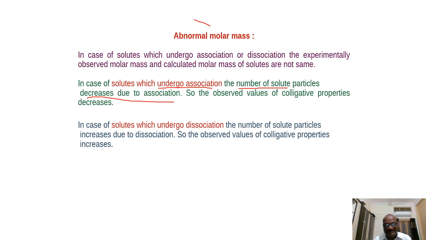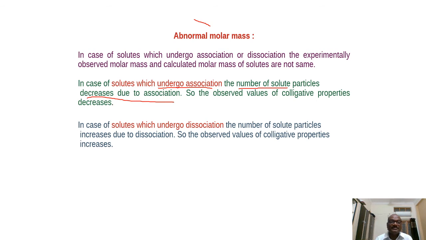Due to this association, the number of solute particles decreases. When the number of particles decreases, the colligative property also decreases, because the colligative property is directly proportional to the number of particles. Due to association, the number of particles decreases, so the colligative property will decrease.